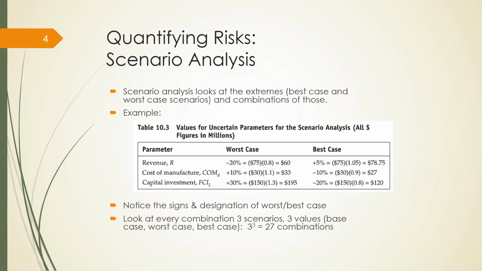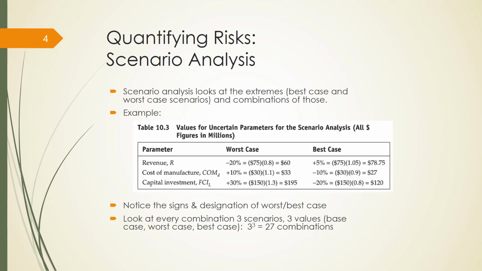For fixed capital investment, we would probably prefer to have a smaller value, and so that's going to be our best case. And if it turned out to be more expensive, that would be a worst case. Sometimes things like the interest rate get very confusing on how it is going to affect the entire project, best case and worst case.